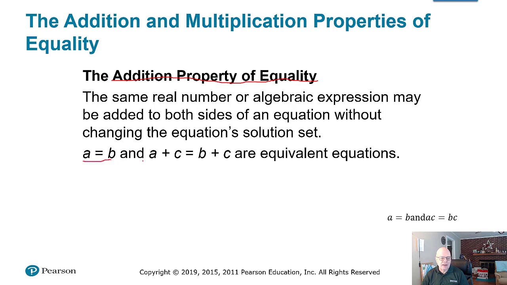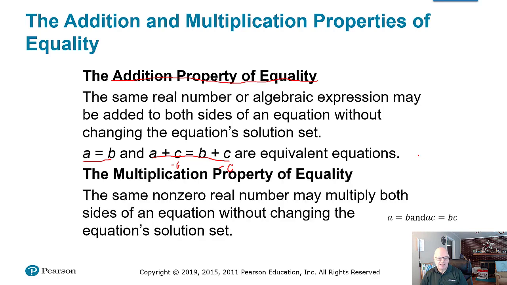So this and this are equivalent equations, because if you subtract c on both sides, I'm using my mouse, so hang in there with me, you end up with a equals b. They're equivalent equations because you talk about the same x's.